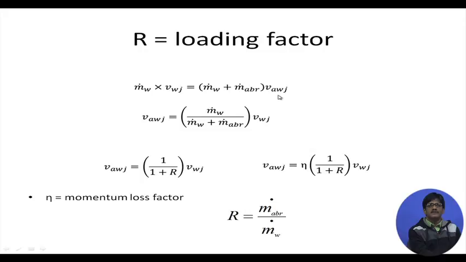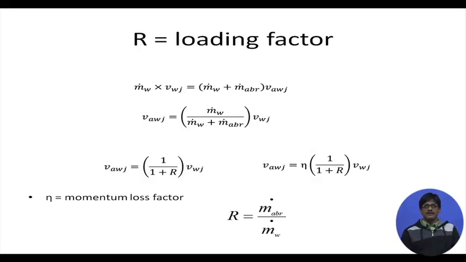I have used slightly different terminology here, but I think it is easier to understand. So, mass flow rate of water multiplied by the water jet velocity is equal to the mass flow rate of water plus the mass flow rate of abrasive multiplied by the abrasive water jet velocity.